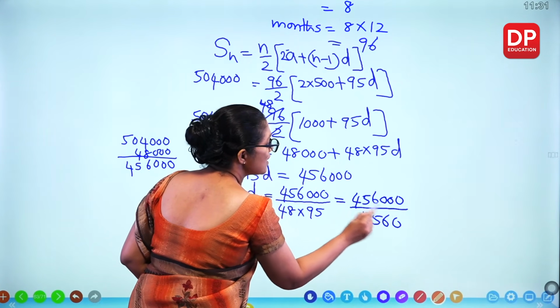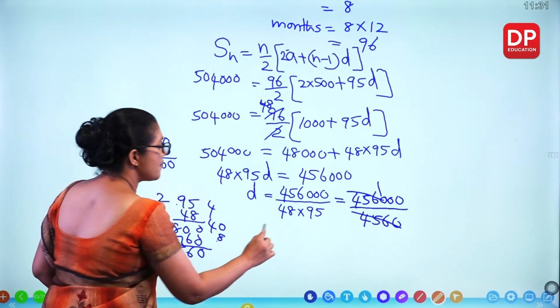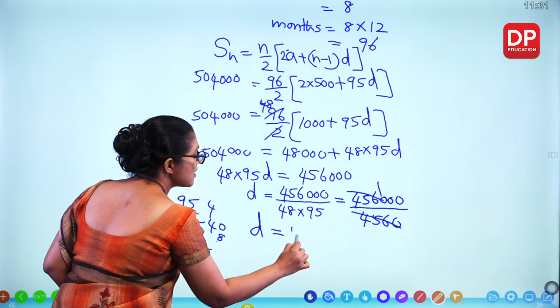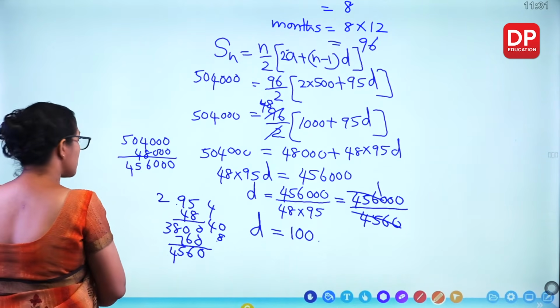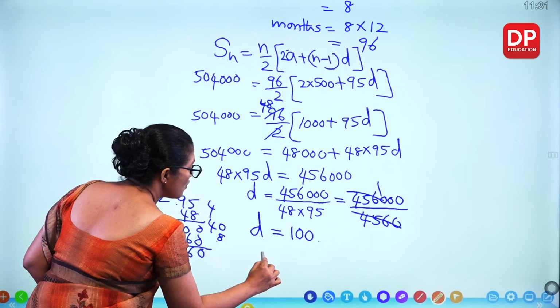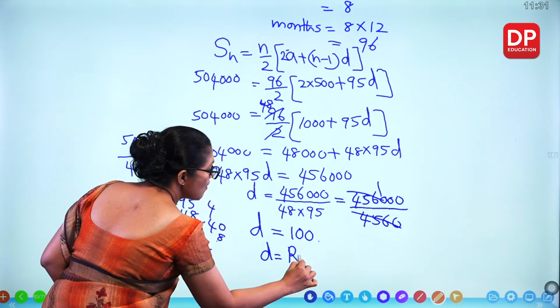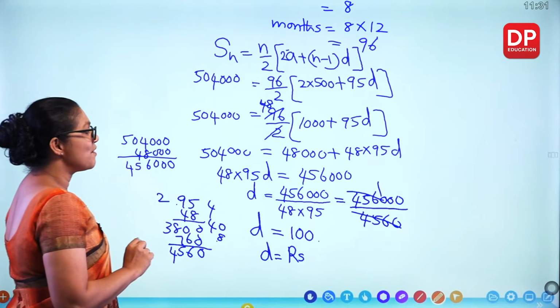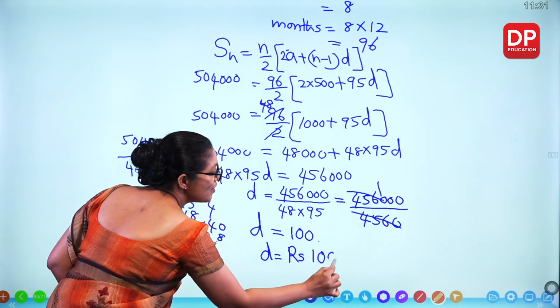So you get this one, divide by this, you get 100. So what's the constant amount father added to the account? 500 rupees. So D equals. So what's the amount that father added to the account? 100 rupees.